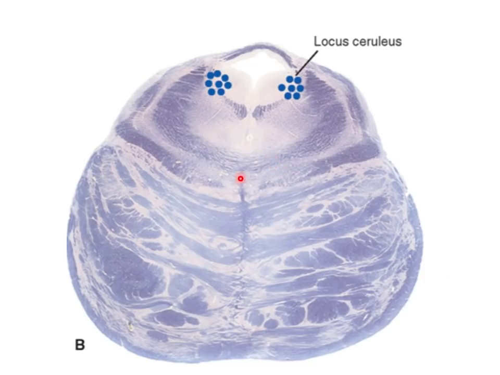As we come into the pons, we see locus ceruleus right near the periaqueductal gray, and again in the tegmentum, and the locus ceruleus will be of interest to us in influencing excitability of the brain, as we'll see shortly.